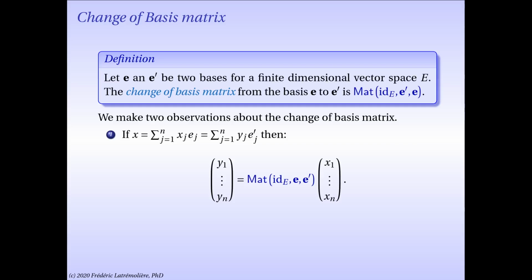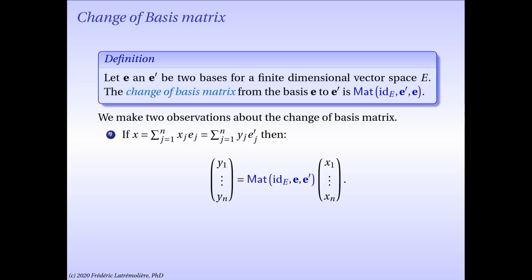Thus, the change of basis matrix multiplied by the vector x1 etc. xn is a vector y1 etc. yn. In other words, it converts the coordinates of a given vector in the basis bold E to the coordinates of the same vector but in the basis bold E prime.